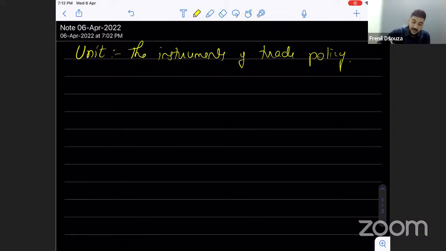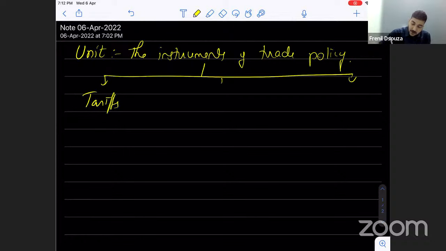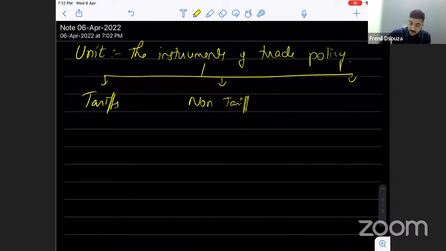Now, broadly, this unit can be divided into three different parts. The first part is called tariffs. The second part is non-tariff measures. And the third one is export related measures.